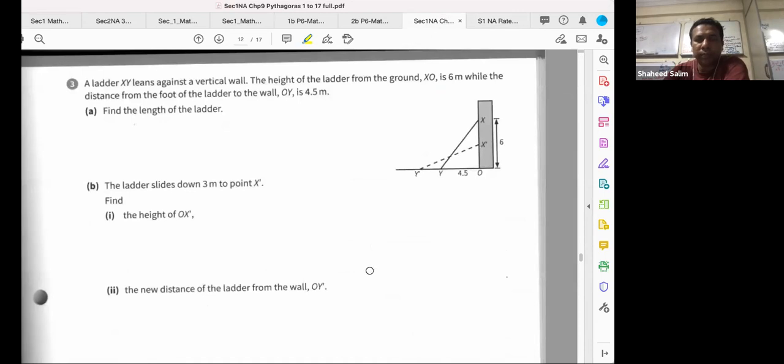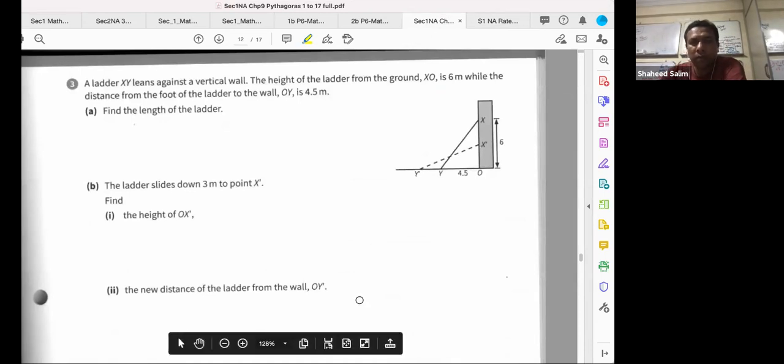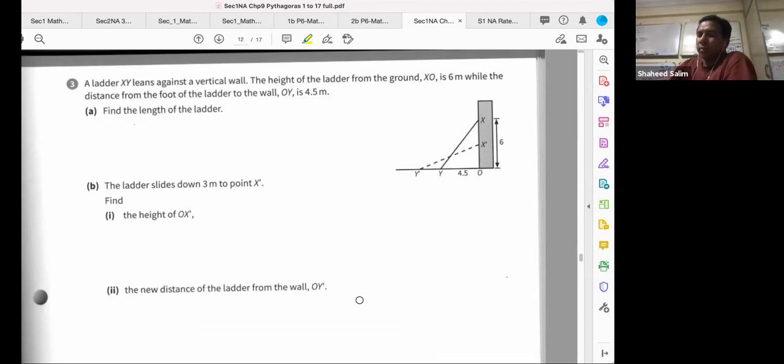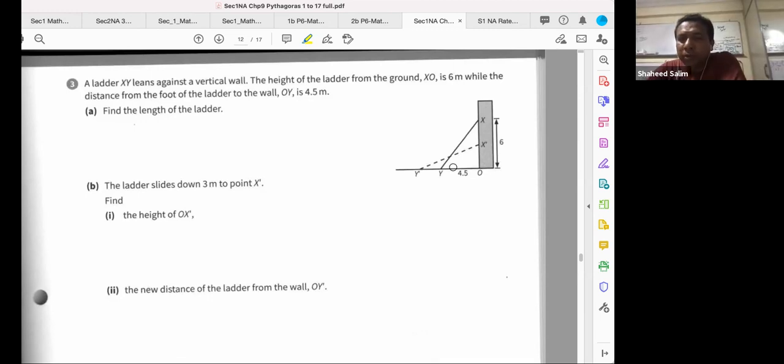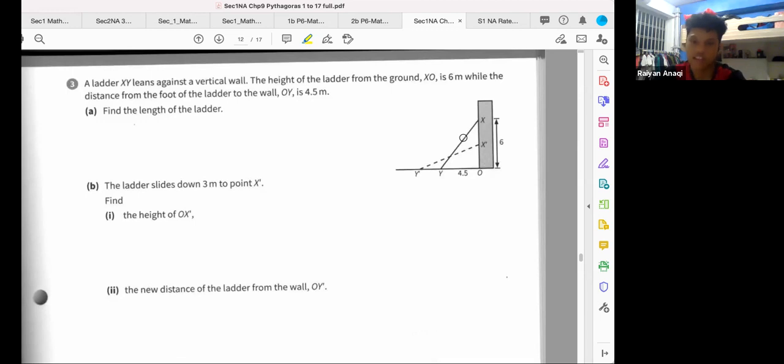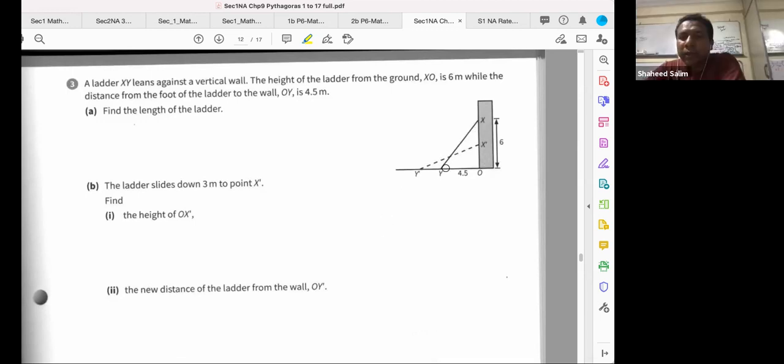Okay, question number one. What is the ladder represented by? Where is the ladder? In the diagram. Is it XY down here? Okay, that's the ladder. So again, you can see a triangle again, right? You can do already.